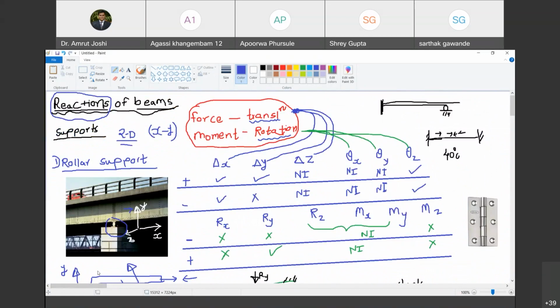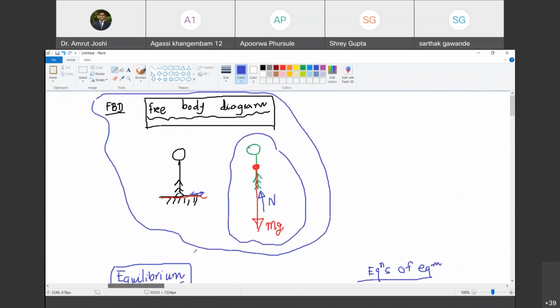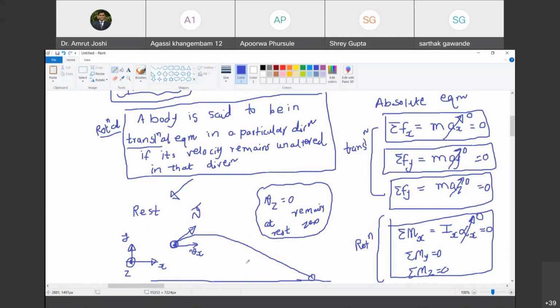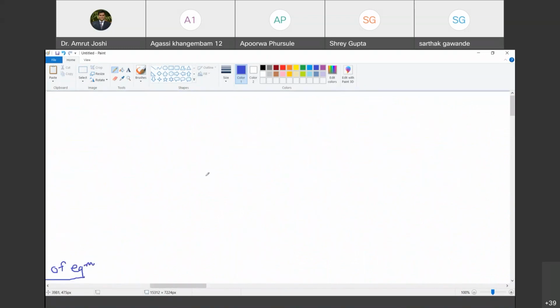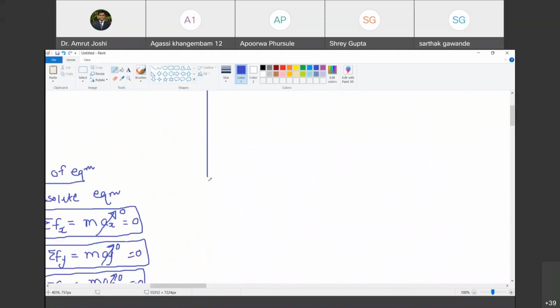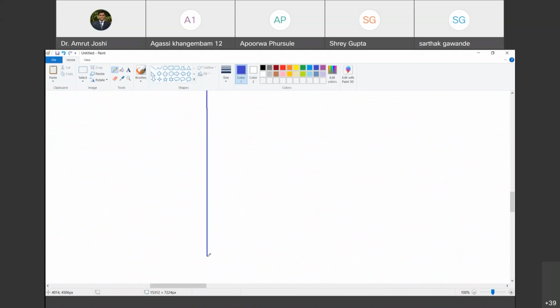We started with what is a beam, then what is a reaction, then we understood various supports, then we discussed the free body diagram, then the concept of equilibrium and equations of equilibrium, and now we are talking about the experiment. Are you with me? Yes, sir. So the background work was enormous for this experiment. Well, the experiment is very easy.